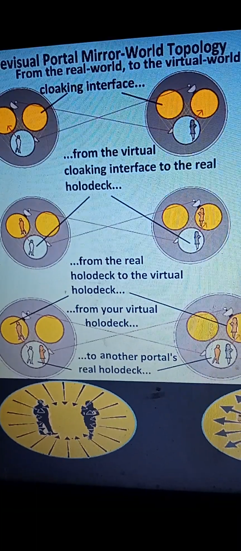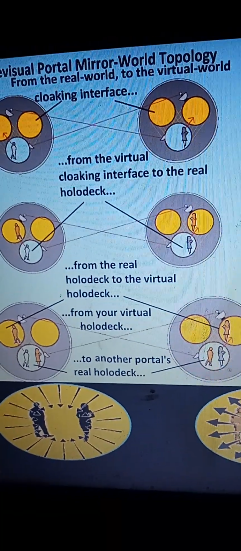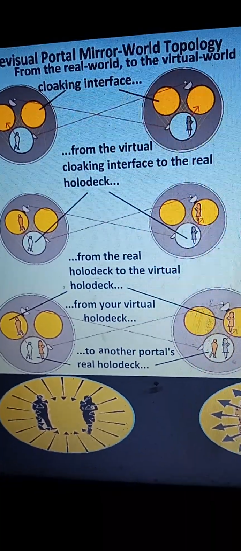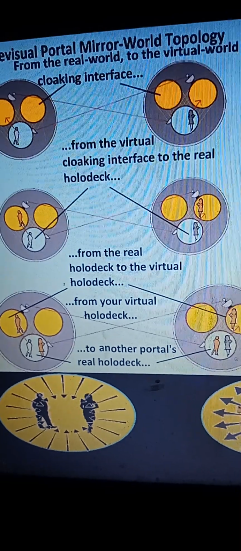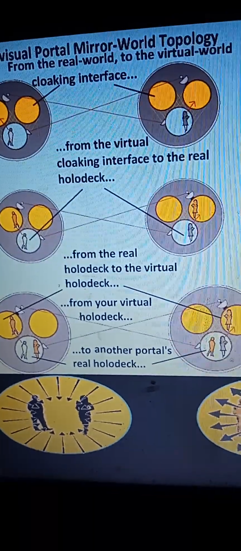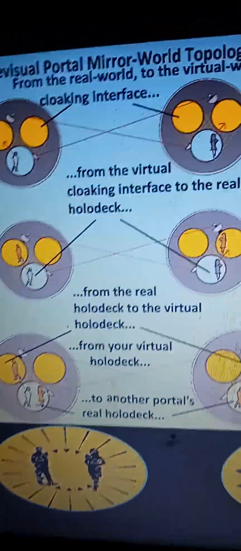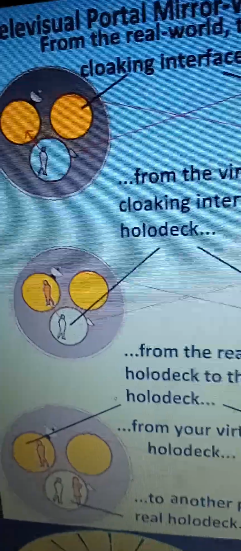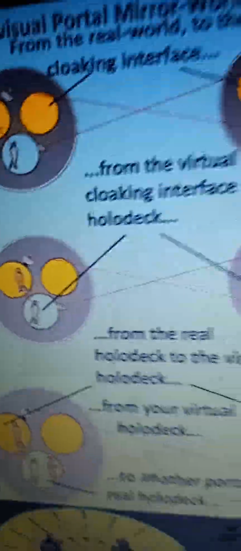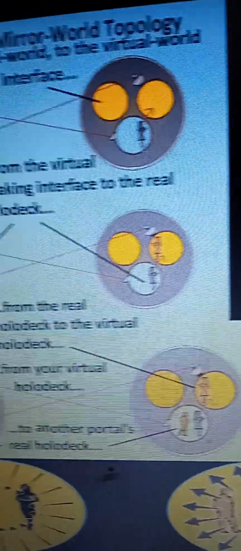Then, from the real world to the virtual world cloaking interface, or from the virtual cloaking interface to the real holodeck, which is the real holodeck for, I guess, that would be Bob and that would be Alice.